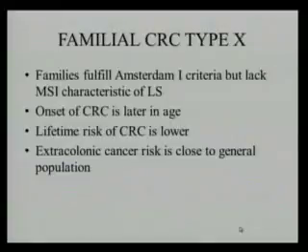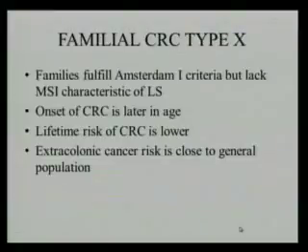So there are a few syndromes I will mention here, so that when you see these patients, you don't wonder why this patient does not fit the whole criteria. There is familial colorectal cancer type X. Those patients fulfill Amsterdam 1 criteria, but when you test the gene, they don't have any microsatellite instability.